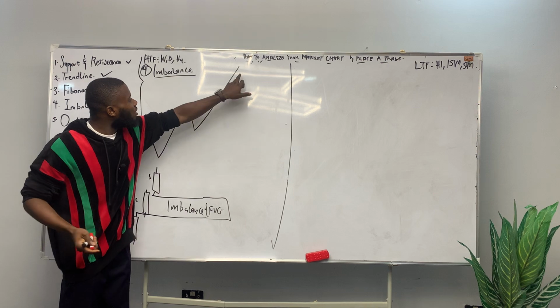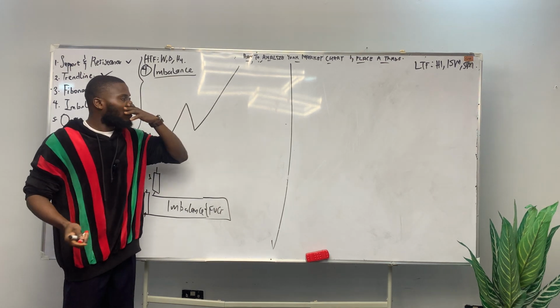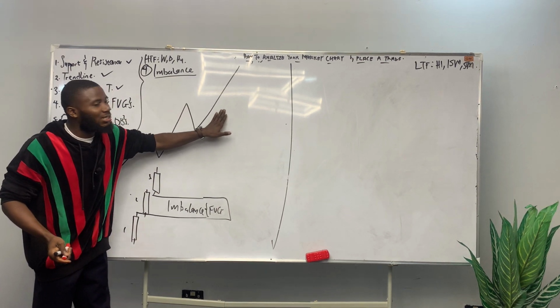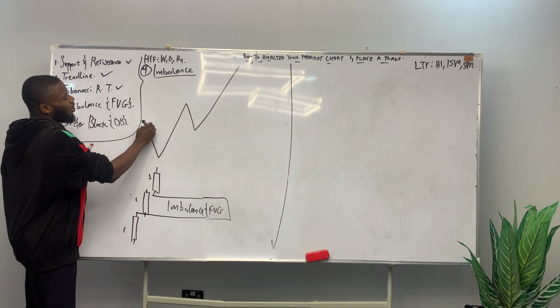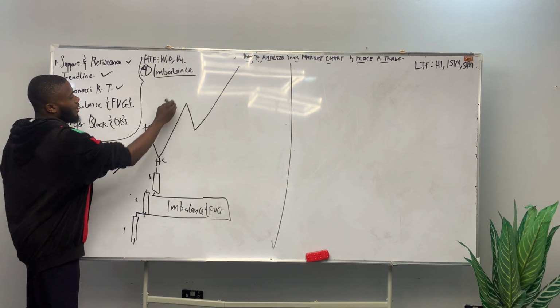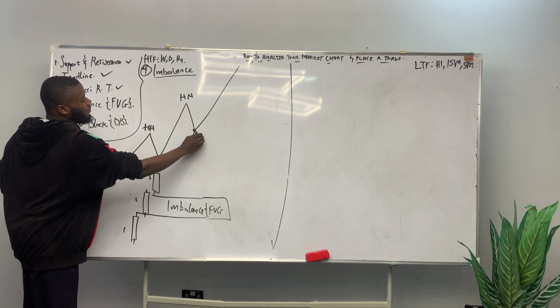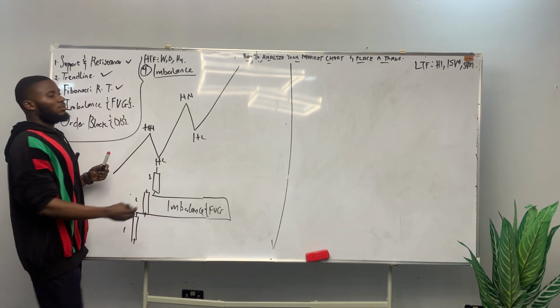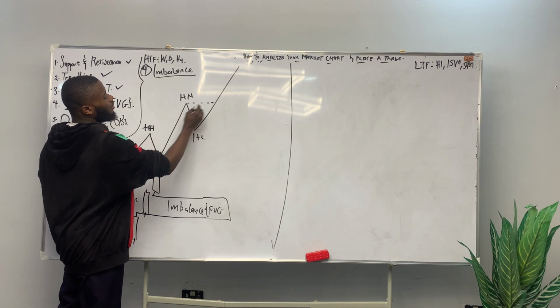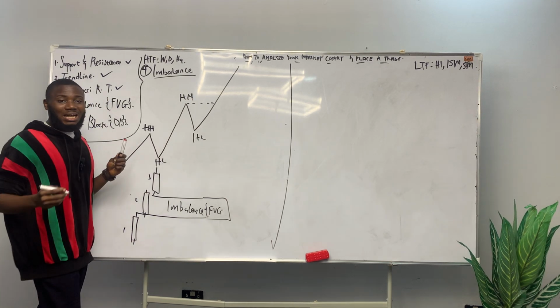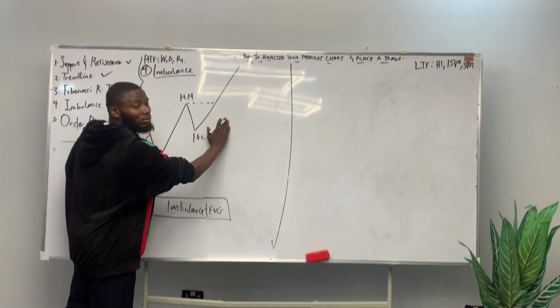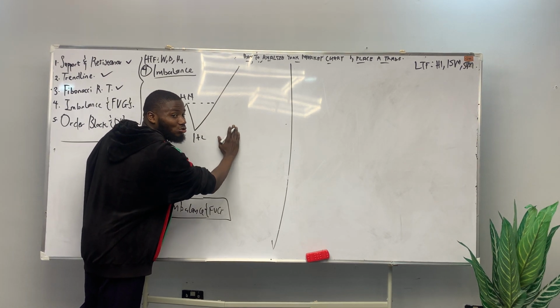If it occurs here, we no take that one, until it occurs at this discount zone, right? Abi, higher high? Good. It broke this previous high, abi? So it is the imbalance that is at this discount zone that we pay attention to, right?